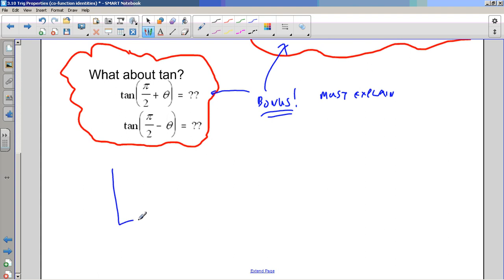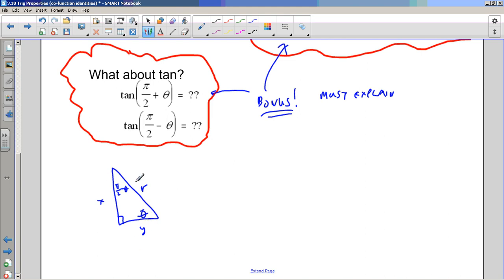Let me show you what I mean. If that's theta, then I have this side, and this is the hypotenuse, right? If I want to talk about this angle, this angle is going to be pi over 2 minus theta, isn't it?